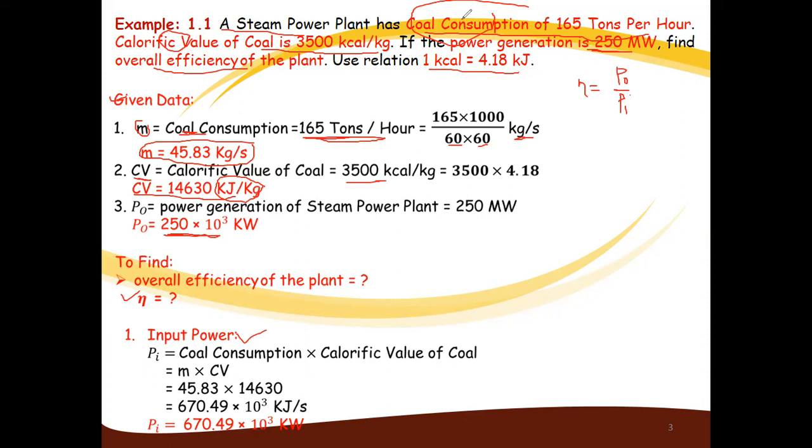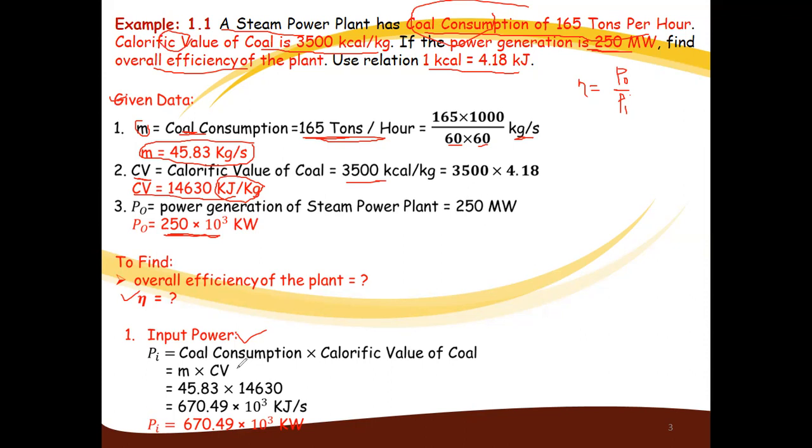Now the fuel is coal. So input power is the coal consumption into the calorific value of the coal, M into CV. Mass is 45.83, into CV is 14,630. After calculation, we get 670.49 into 10 raised to 3. This is kg per second multiplied by kilojoule per kg, so we get kilojoule per second.